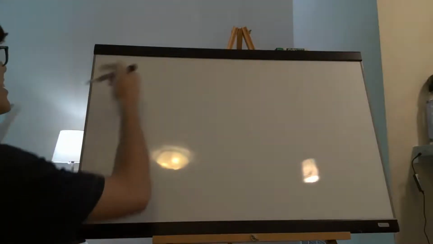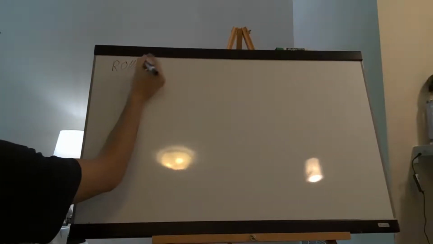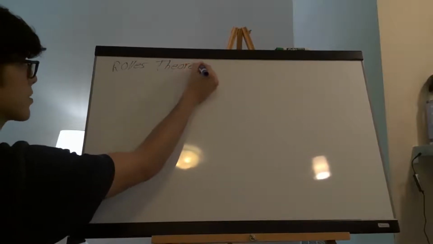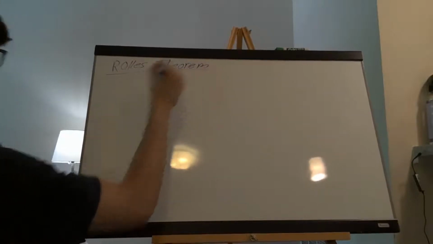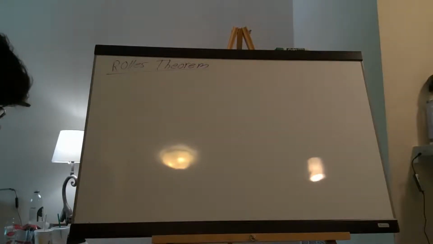Alrighty. Rolle's theorem, here we go. Yes, I'm excited. We're doing math. This is cool stuff, by the way. If you don't think this is cool, then I don't think past tests have been kind of whack. Yeah, they sure have. I haven't taken them personally, but I'm assuming you wouldn't lie to me.